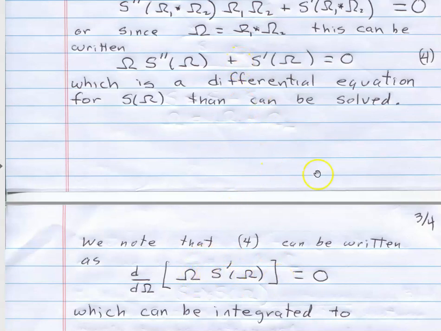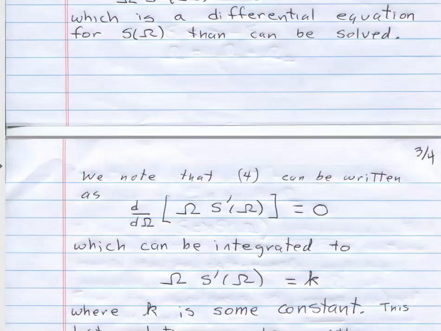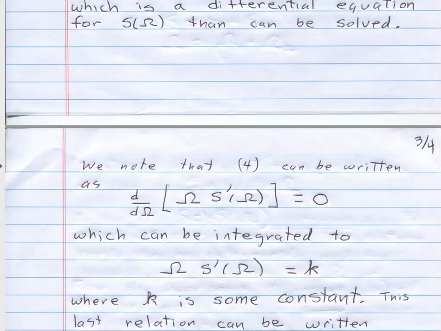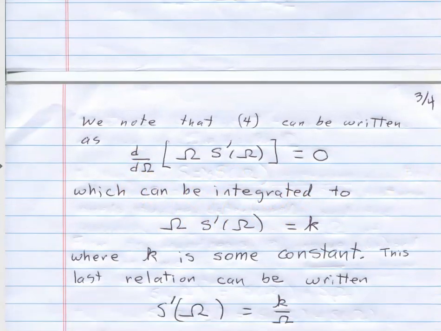And it reduces to 4 when I do that product rule here, and you can do that and see that they're the same. And that can be immediately integrated using traditional notation. If the derivative of the quantity in brackets is equal to 0, then the quantity in brackets has to be equal to a constant k.